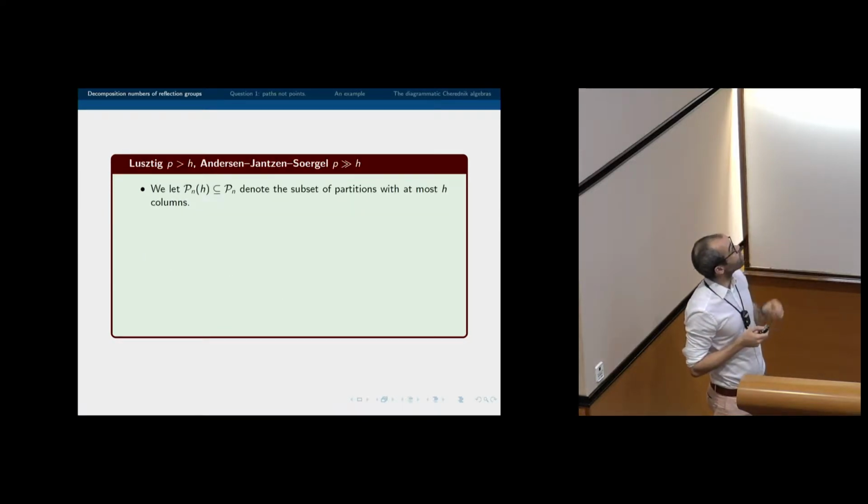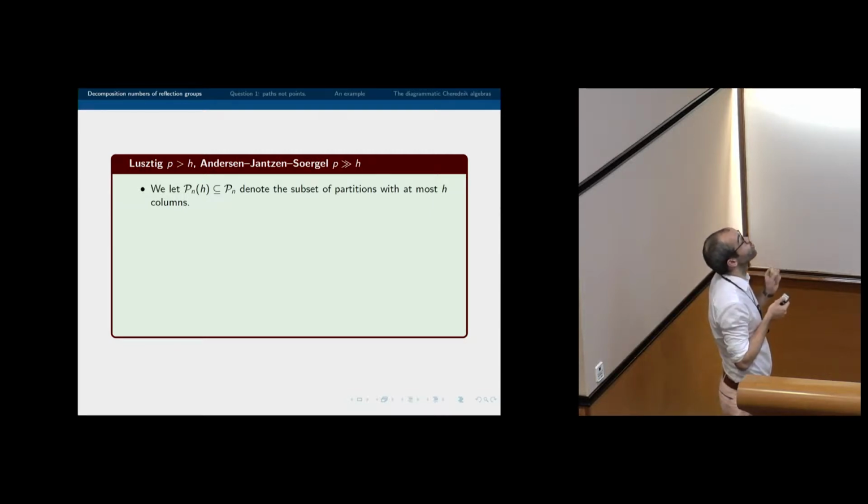Okay. Now, this is an old story, and it began, I guess, with Lusztig, but not really. But, you know, p greater than h. We've done this for a while. We thought, it's too much to understand everything, so let's let p be greater than h. And then Andersen, Jantzen, and Soergel said, oh, well, what if p is much bigger than h? So what is h?